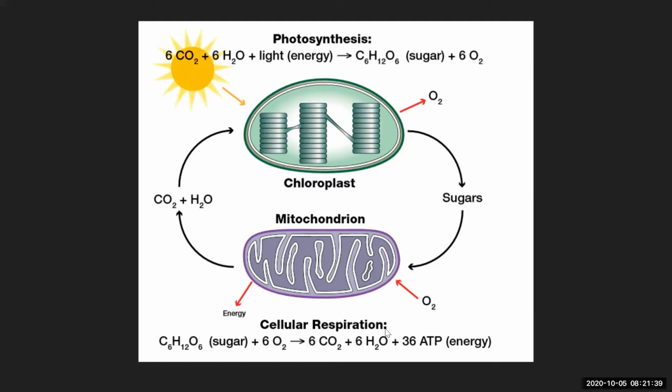And remember, both plants and animals and fungus can all do cellular respiration. Sometimes we think plants don't do cellular respiration, but they do. Here we have sugar combined with oxygen, and then we are making carbon dioxide, water, and then here are energy-rich molecules, ATP, that we need to do cellular work. So we're converting one form of chemical energy into a new form of usable chemical energy that can do work.